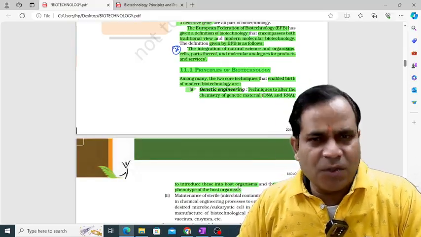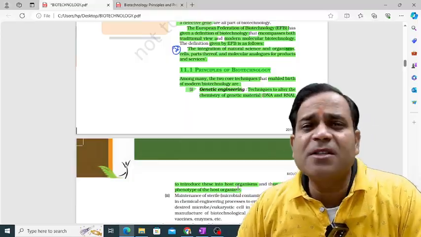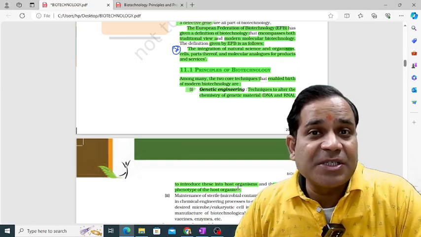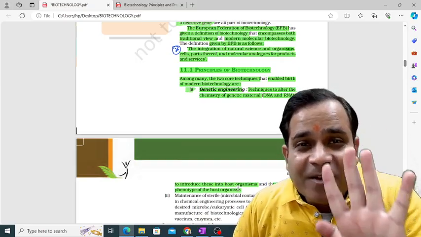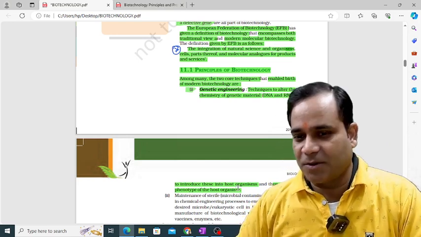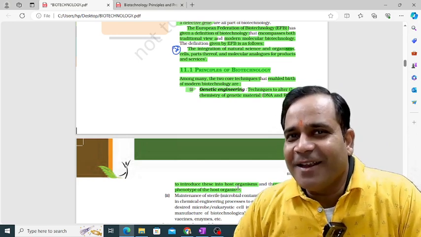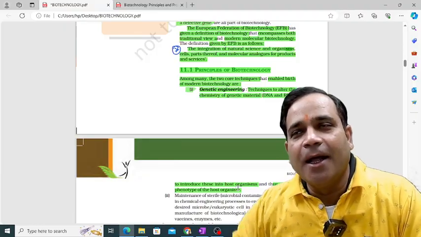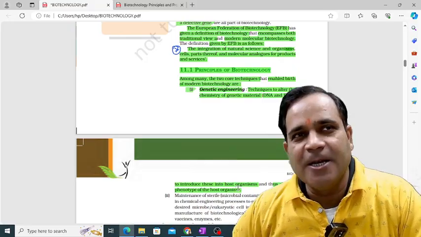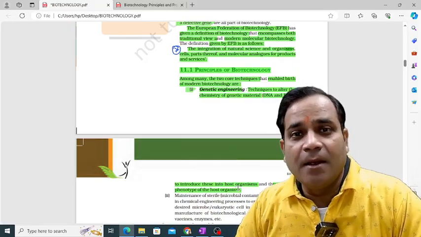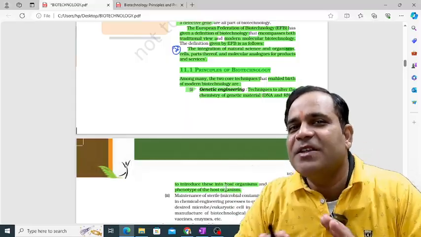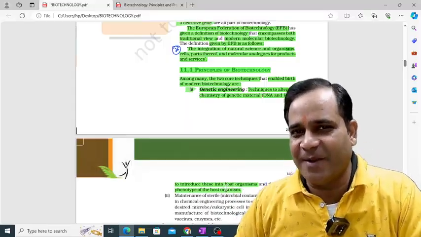Phenotype, you know phenotype and genotype from the principles of inheritance chapter. Phenotype is the features that can be seen from outside. If I'm looking smart, that is the phenotypic ratio. If anyone looks dark, or dwarf, or tall, that is gigantism, then that is phenotypic. Whatever observable features we see from outside are known as phenotypic.